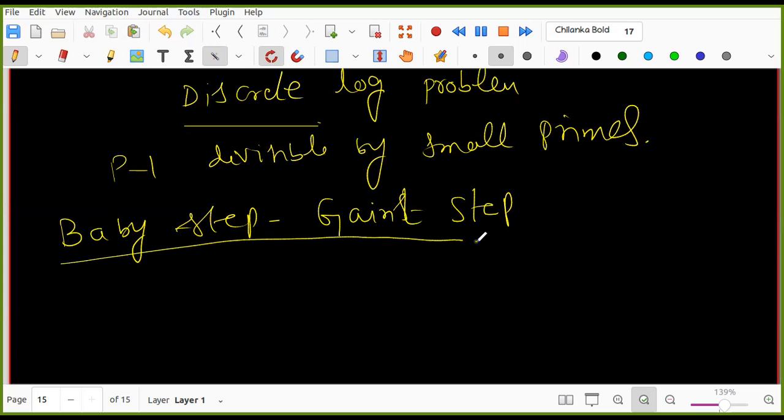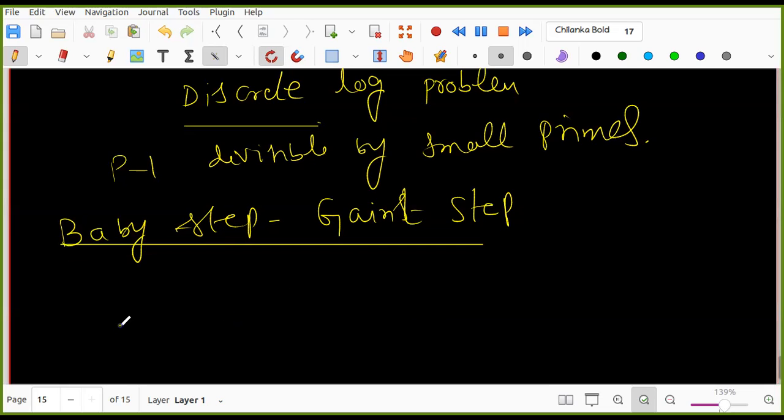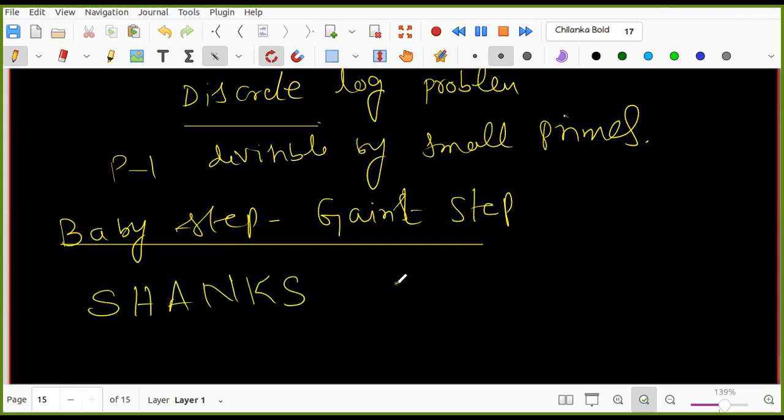Baby step, giant step, but this was given by Shanks, okay? One scientist, Shanks. So, Shanks algorithm.